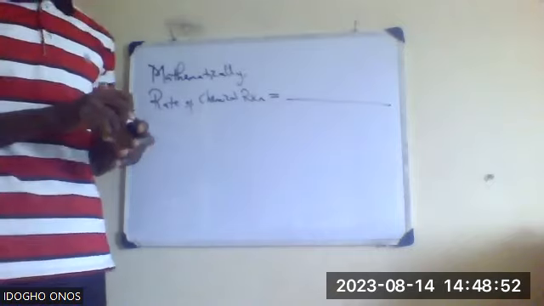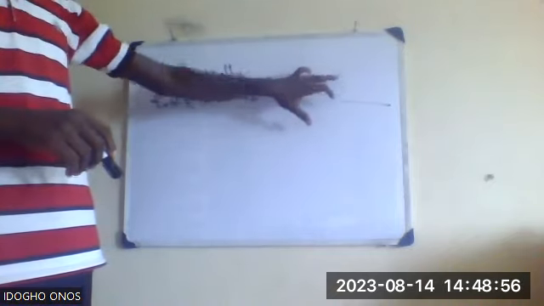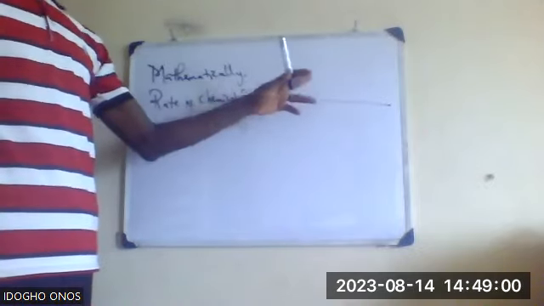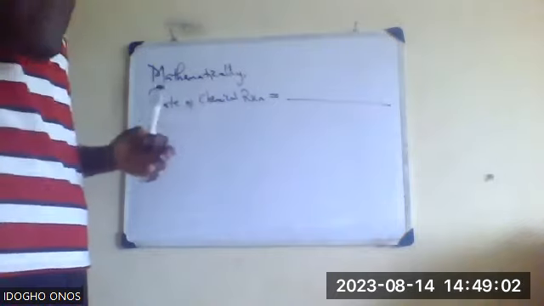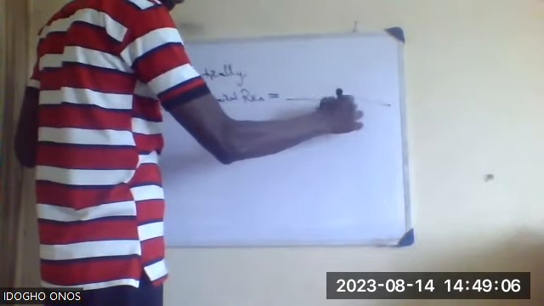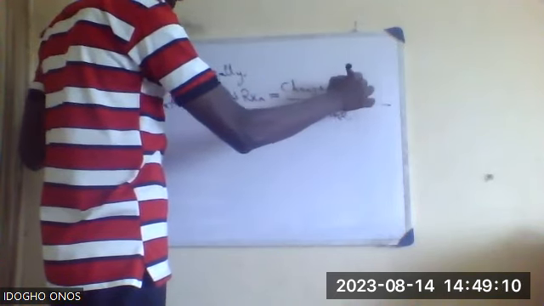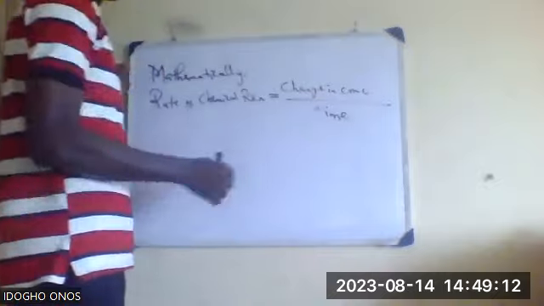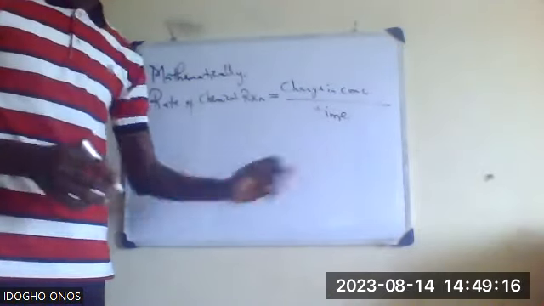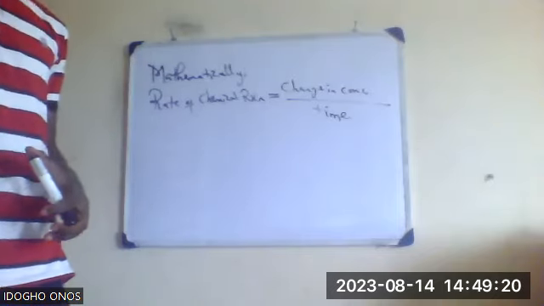That is your numerator. Then down here is time. So the change in concentration of reactant or product, all over time taken. That is the formula to calculate the rate of a chemical reaction.